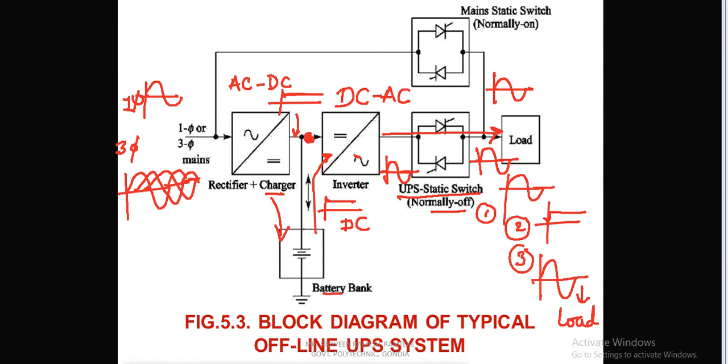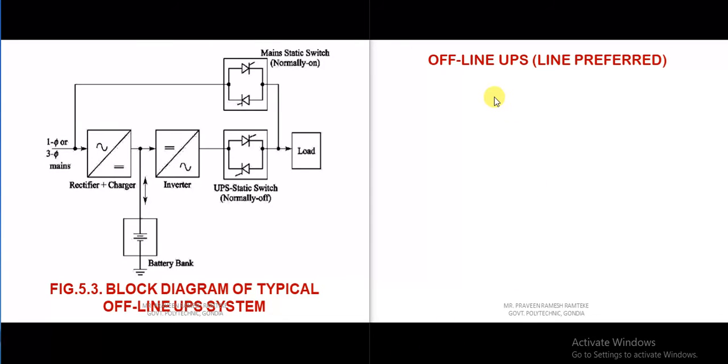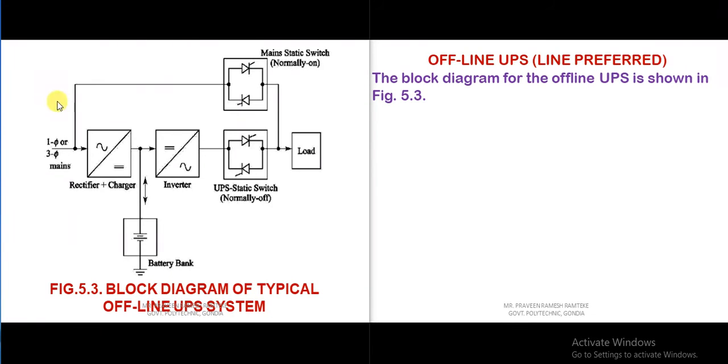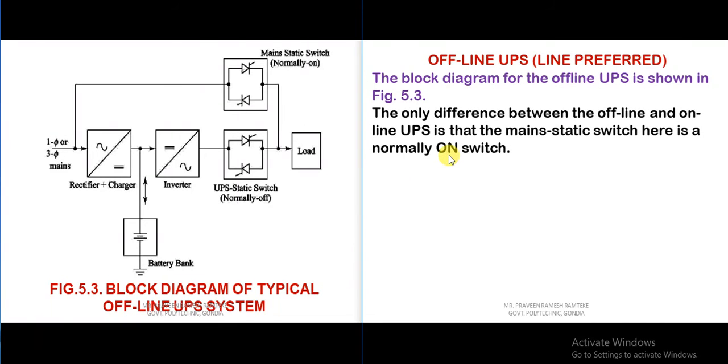Now let us see the working of this offline UPS system in detail. This is the block diagram of the typical offline system. The only difference between the offline and the online UPS is that the main static switch here is normally on, and the UPS static switch is normally off.